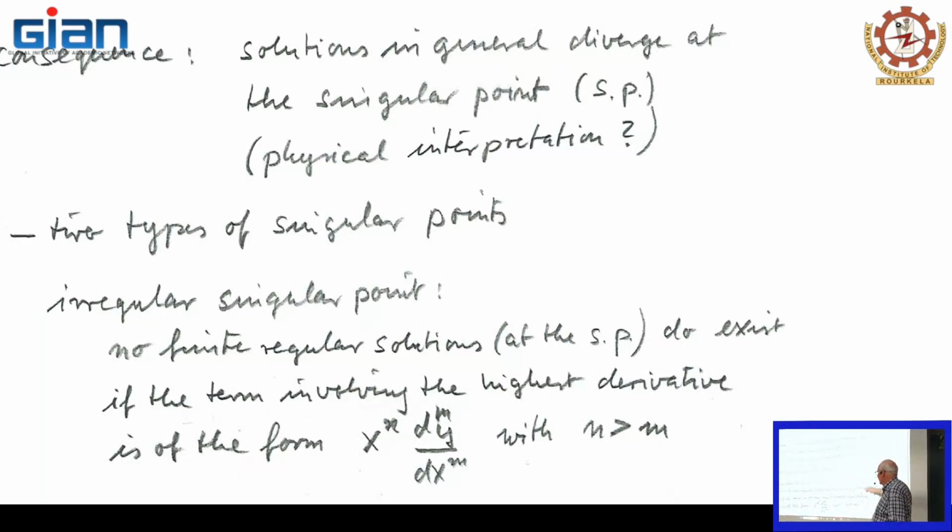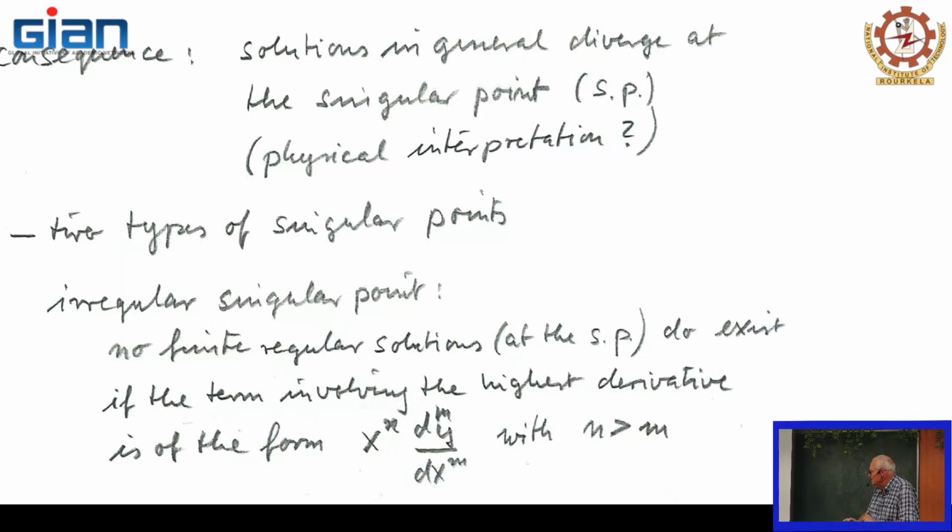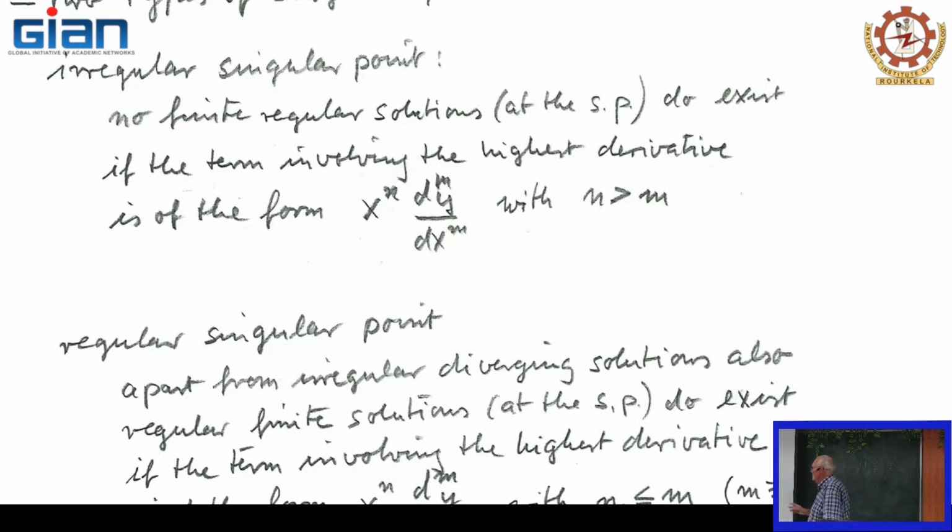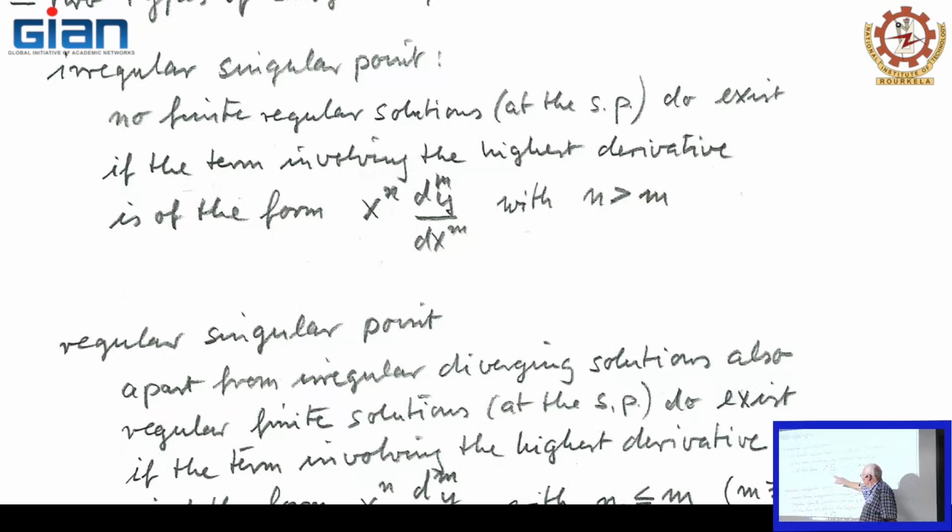Okay, irregular singular points are excluded in physics. We don't want them at all, and we would like to deal only with the regular singular points. Okay, let's give a very simple example of regular and irregular singular points. Well, what does it mean? An irregular singular point is found once the power by which the coefficient of the highest derivative vanishes with x is higher than the order of the differential equation.